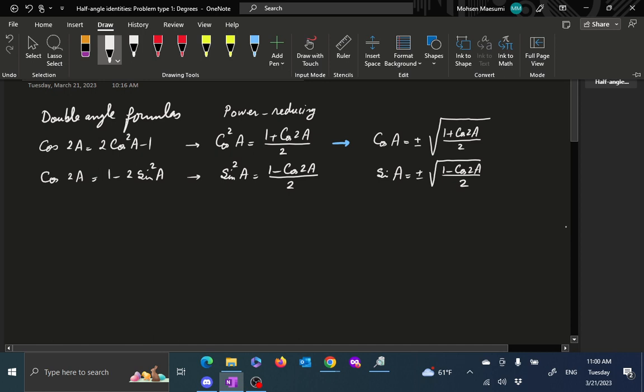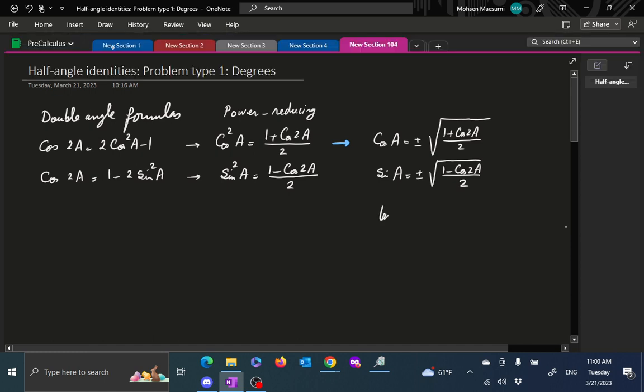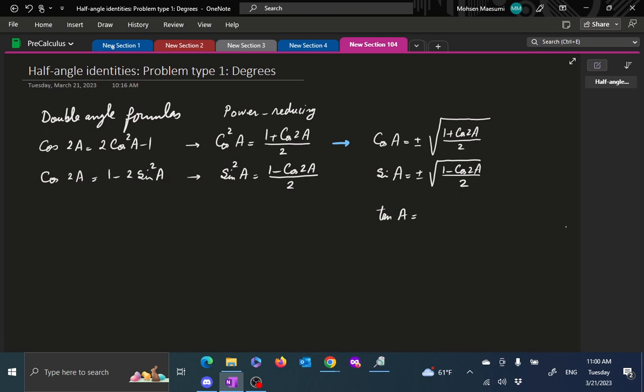Well, how about tangent? Tangent you can get out of the ratio of these two. So tangent of a is the ratio of sine to cosine. We still don't know which plus or minus applies to which other plus or minus. It's not that the plus goes with plus and minus with minus. It all depends on what quadrant angle A is in.